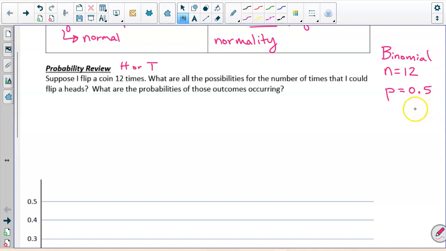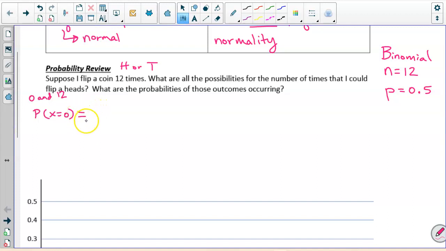Okay, so 0.5. So do you remember how to figure that out? We said the number of heads will be any number between 0 and 12, right? So the probability that I flip no heads would be x equals 0.